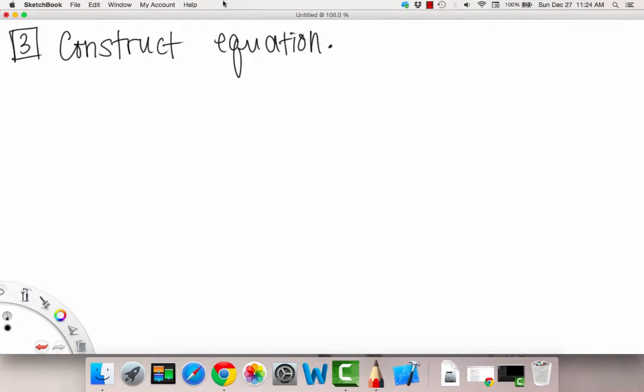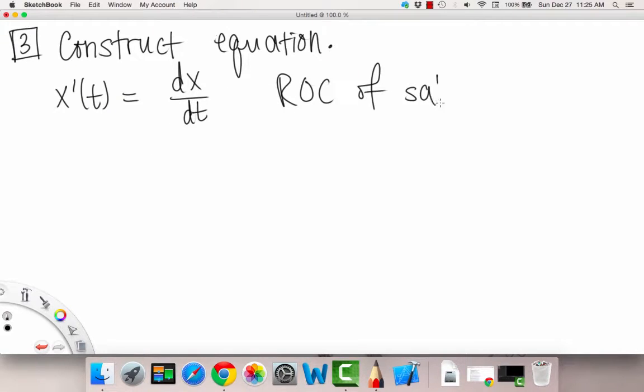Okay, so in our case, what we're going to do is take our x prime of t. We're going to say that this is the same thing as dx/dt. You could write it either way, okay? That's the same thing. So this is, again, just as a reminder, the rate of change of salt content in the tank. So salt content here. Alrighty, so what is the rate of change of our salt content?